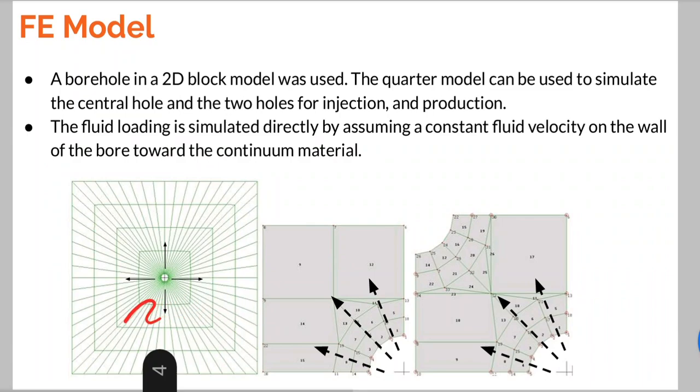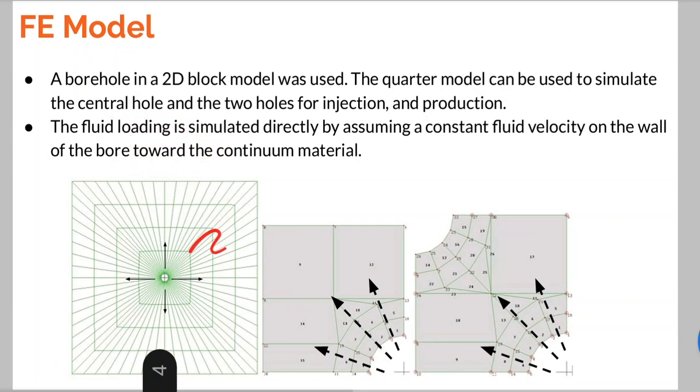This is the two-dimensional block model. As mentioned before, the central hole. Inside this block, we have simulated different cases: the complete model and the quarter model with one hole or two holes.